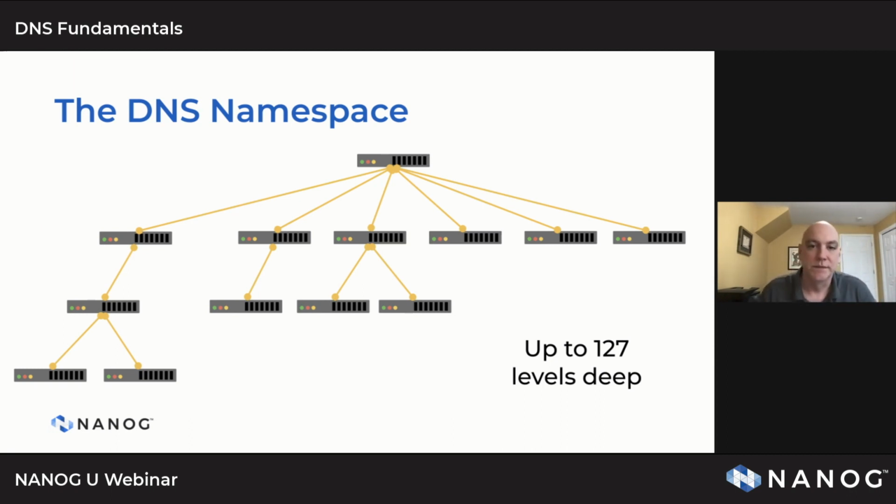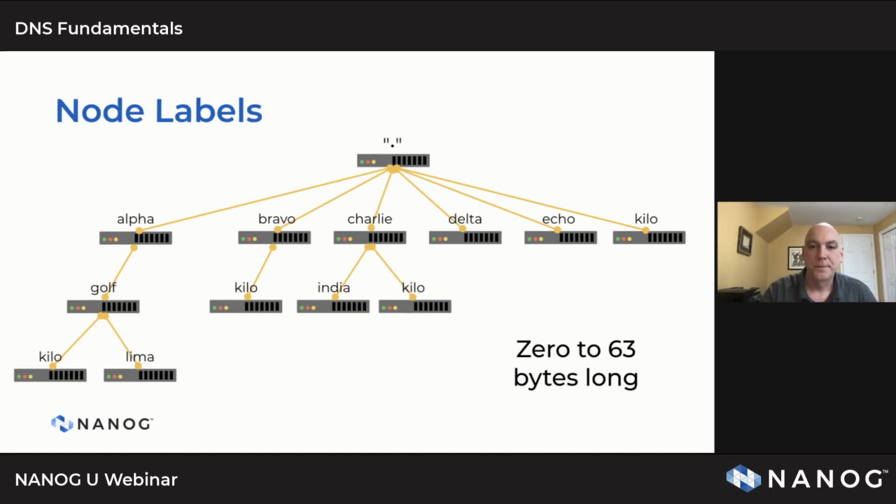A lot of people talk about the DNS as an upside down tree, and it is. There's a top level, and then there are many layers underneath. The main one that you may have already heard about is root, or dot. Dot is the beginning of the DNS. Each of these nodes can be up to 63 bytes long. The first level down is what we refer to as top level domains.